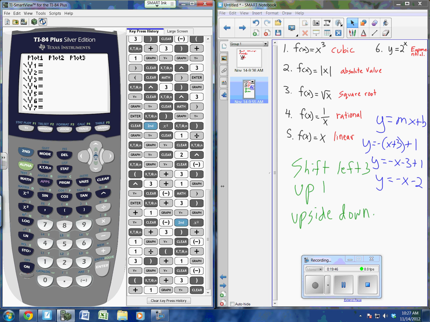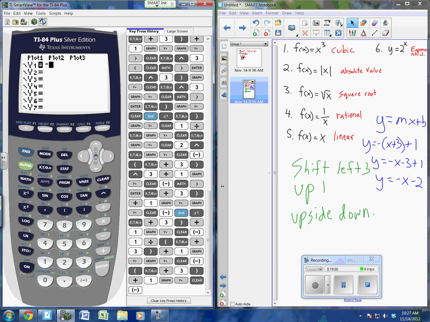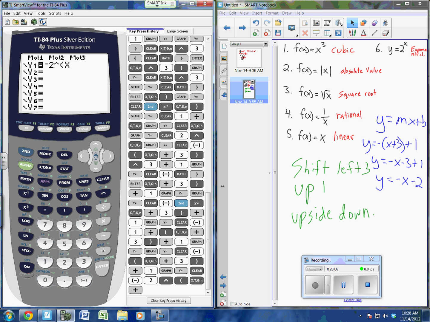Okay, now the last one, 2 to the x power. First of all, this is another one you missed a lot when I was going around helping you. Negative 2 to the x power. But instead of x, what am I going to have? Instead of x, what am I going to have? No, x plus 3 in parentheses. I'm replacing x with x plus 3. We got this? I'm replacing x with x plus 3.